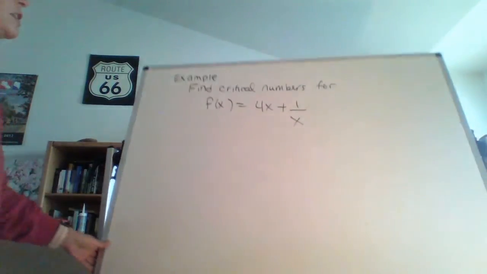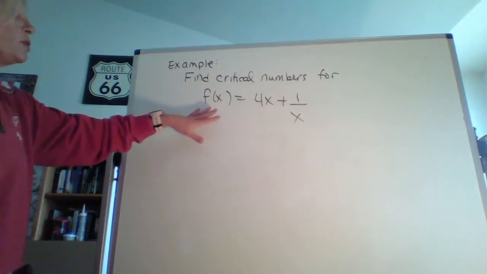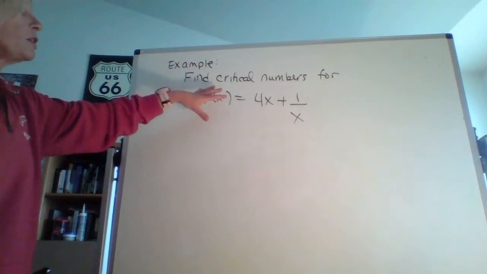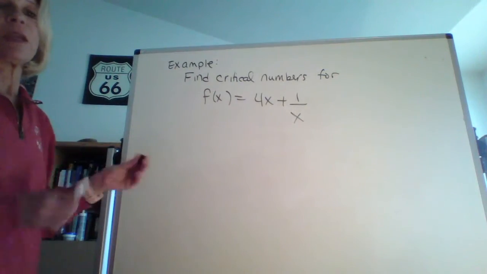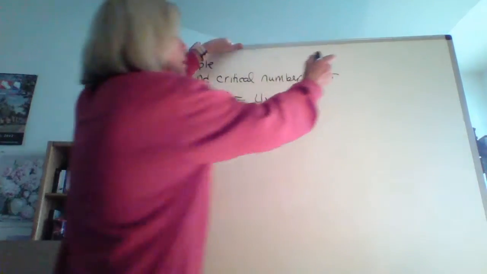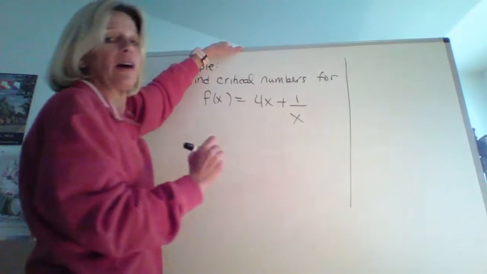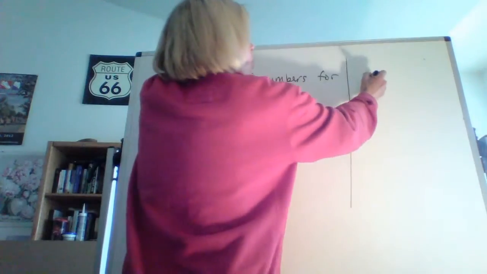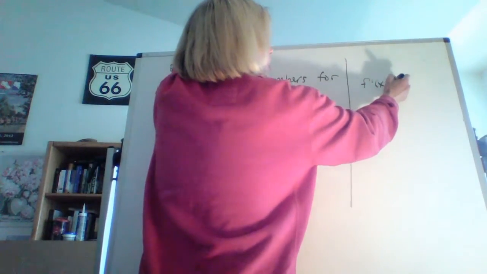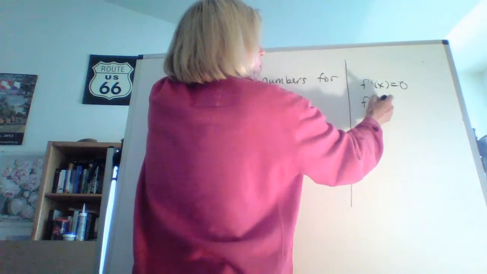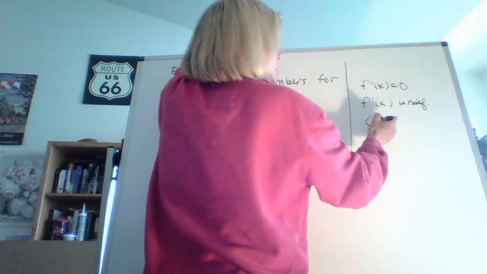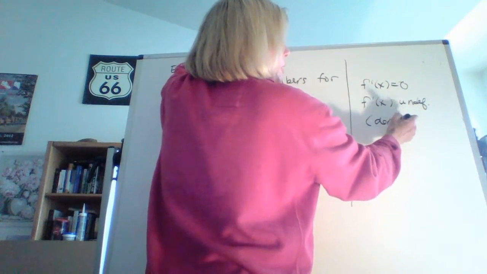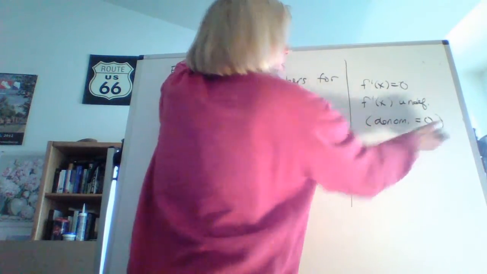So let's look at an example. We're going to find the critical numbers for f of x equals 4x plus 1 over x. There's another place we have critical numbers: where f prime of x equals 0 or f prime of x is undefined, which means we have a denominator equal to 0.